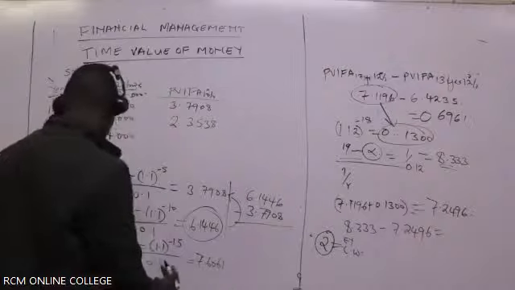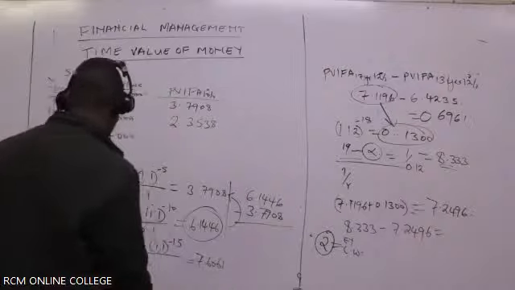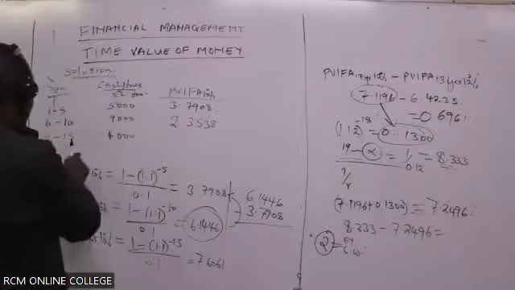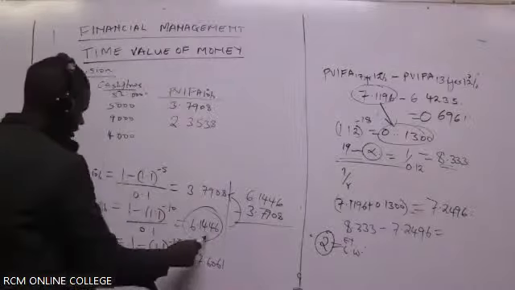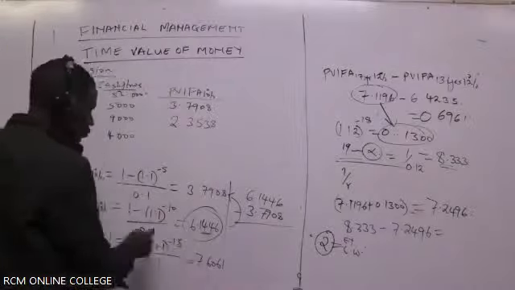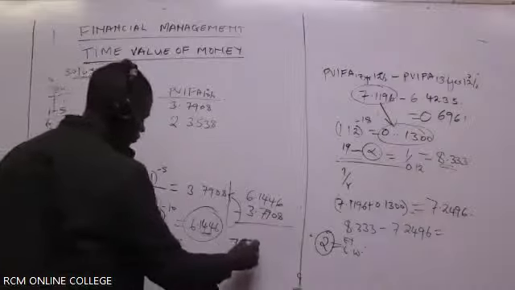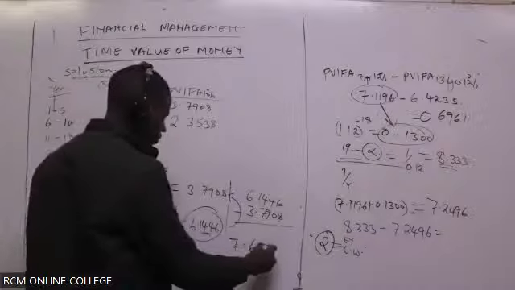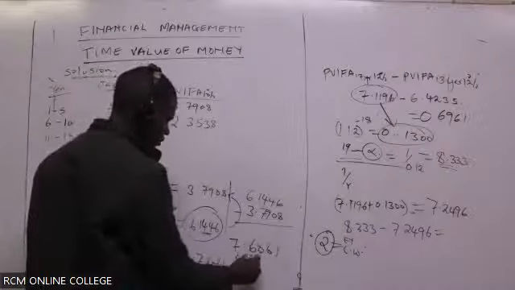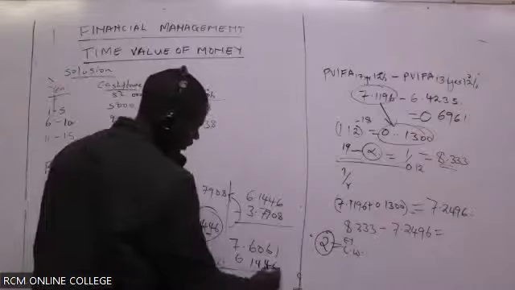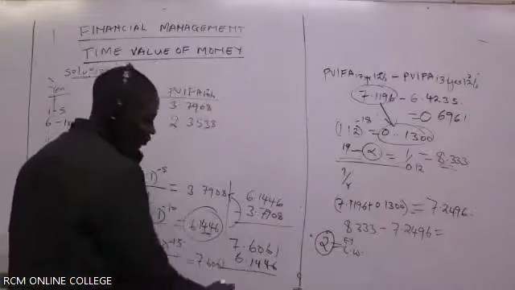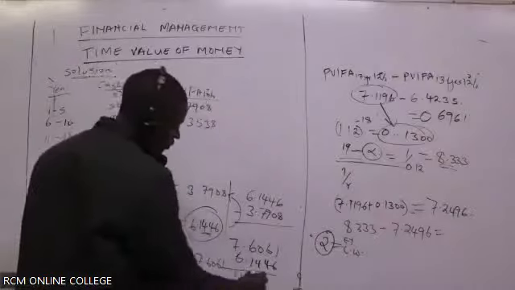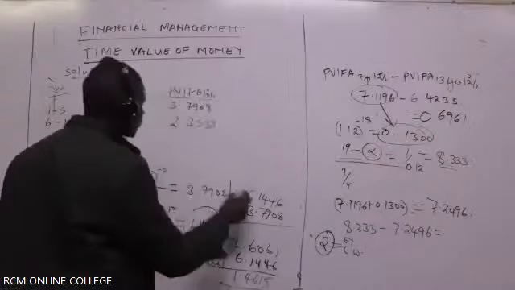Since I want 11 to 15, I subtract the factor for 10 years: 7.6061 minus 6.1446, which gives 1.4615.